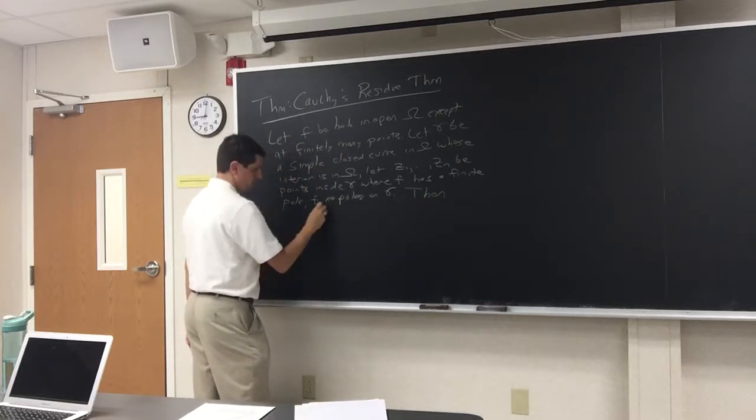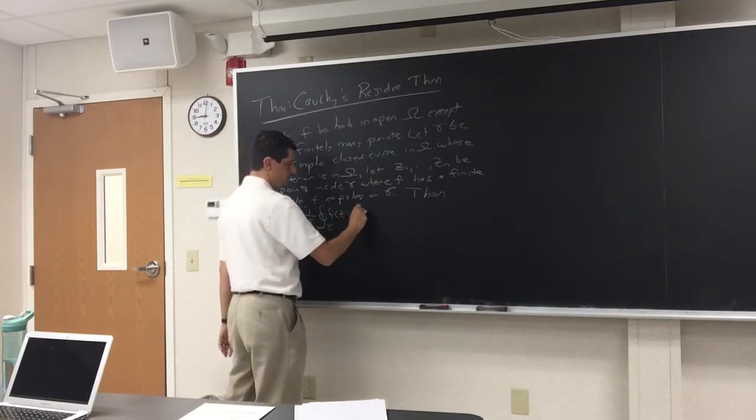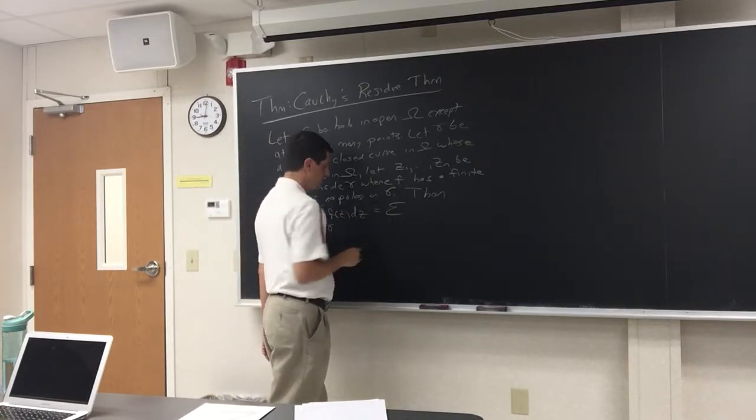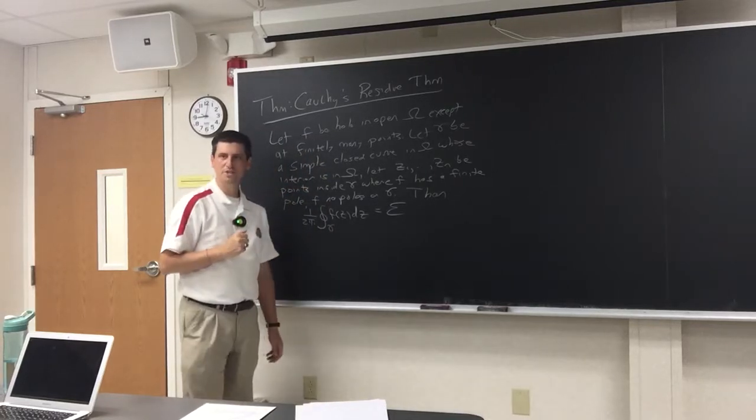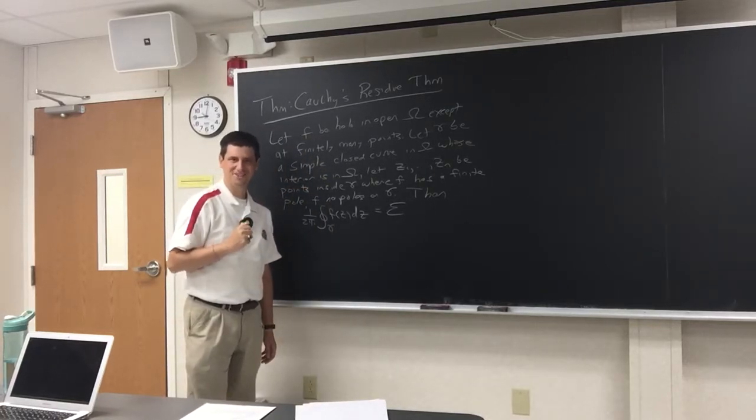Then the integral over gamma, 1 over 2 pi i, f of z dz, is going to be the sum. What should I not use for my index of summation? I, okay?